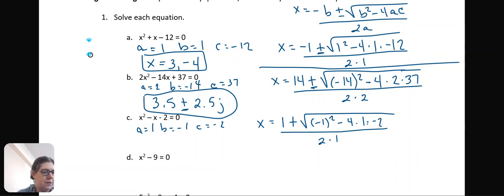So I'm going to plug that in. 1 plus the square root, parentheses, negative 1 squared minus 4 times 1 times negative 2, over 2 times 1. Here it is plugged in.